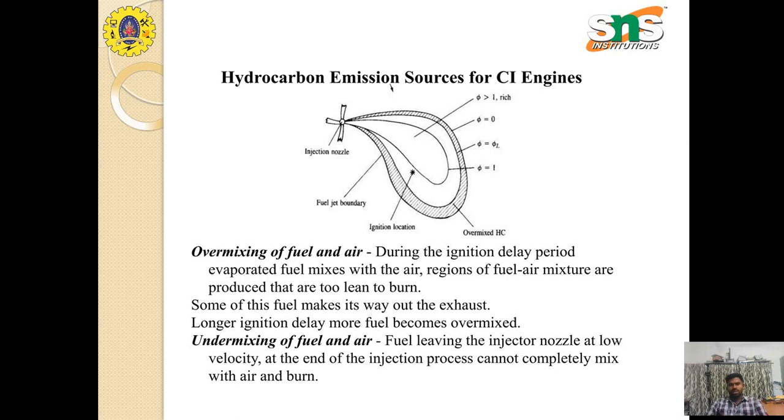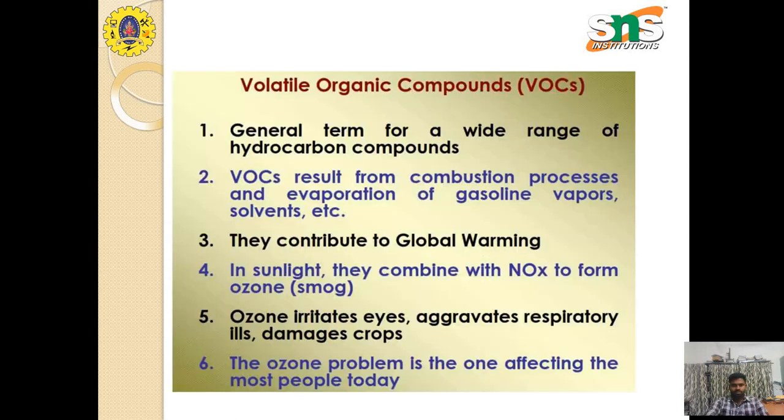The complete fuel is not converted into heat energy; some quantity of fuel is not burned, giving unburnt hydrocarbons. During combustion we also get some volatile organic compounds. These volatile organic compounds contribute to global warming, which can cause depletion of the ozone layer, so we need to arrest these parameters also.